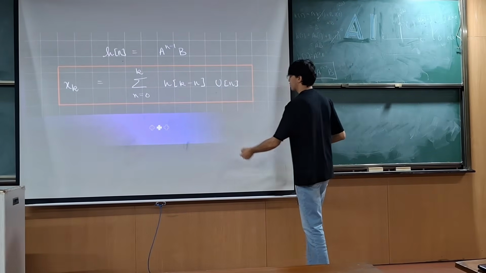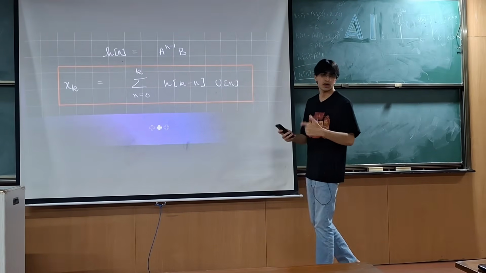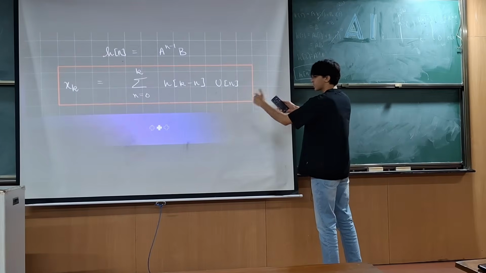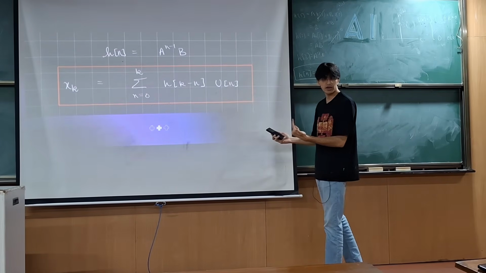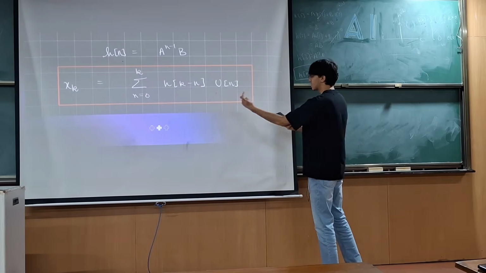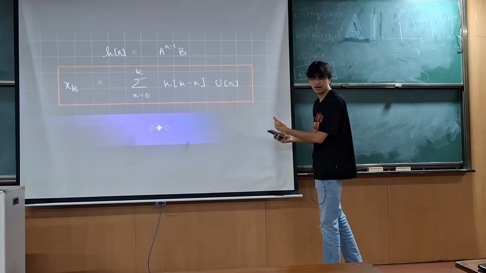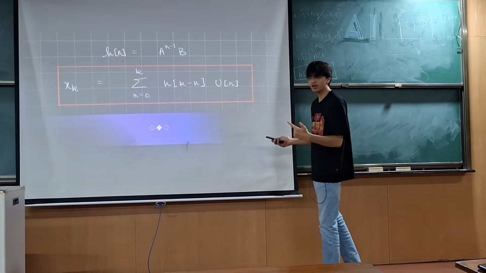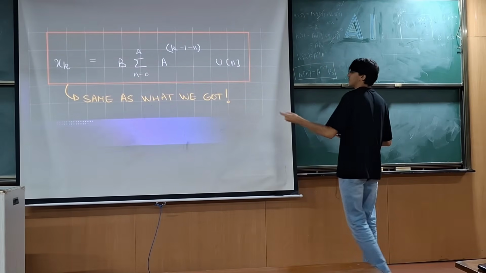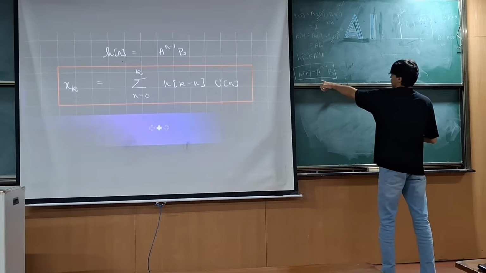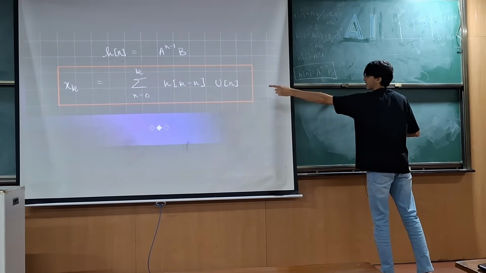So this is my claim that if I do a summation with this, I don't need to do a recursive relation. I can just do a summation, because this is just multiplying and adding, multiplying and adding. I don't have to do a recursive relation again and again. So, yeah. Now if we substitute this value in the equation that we have, this is my h of n, and I'll just write it like this.